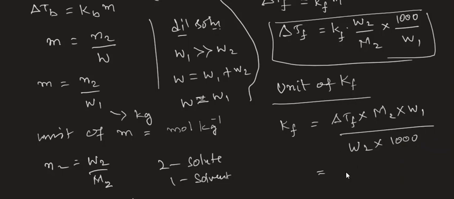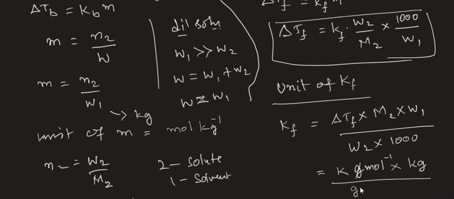Now delta TF is given in Kelvin. Molar mass is given as gram per mole. W1 is given in kg, and W2 is in gram, and 1000 we already converted.